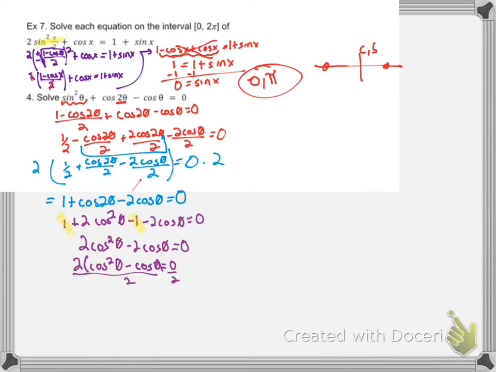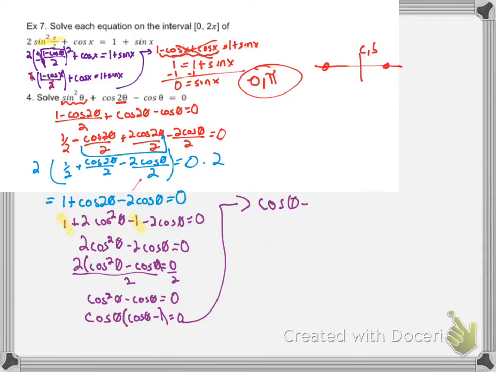I'm left with just cosine squared theta minus cosine theta equals 0. Once again, we can factor out a cosine because it's in both of them. Cosine theta times cosine theta minus 1 equals 0. Each term can be set equal to 0. So we have cosine theta equals 0, and then we have cosine theta minus 1 equals 0.